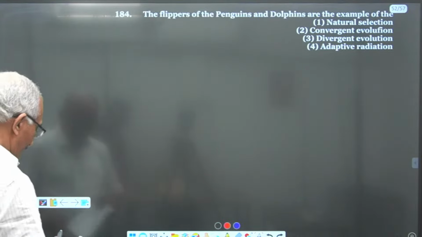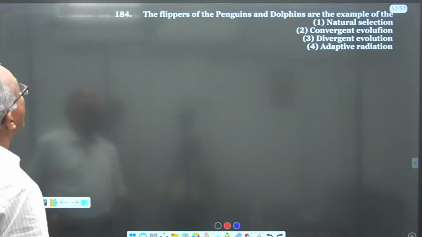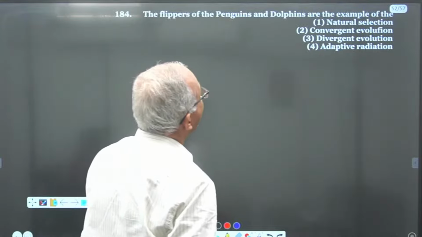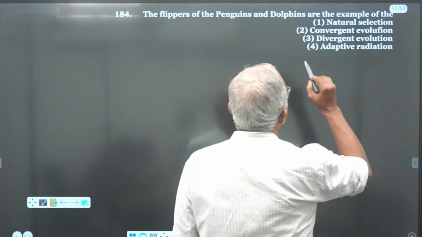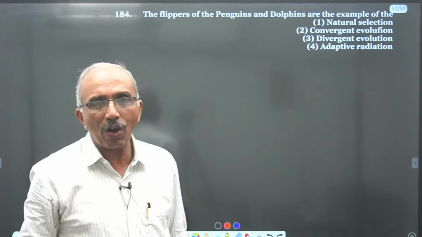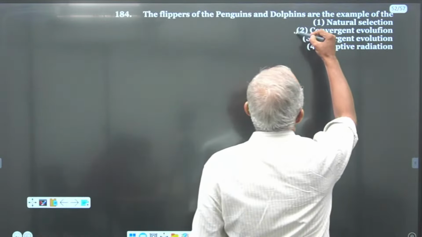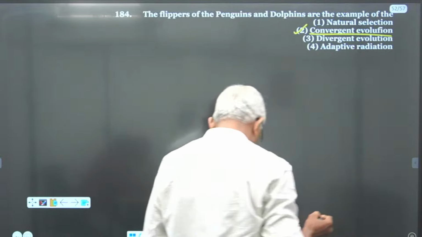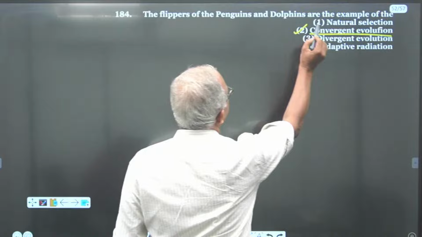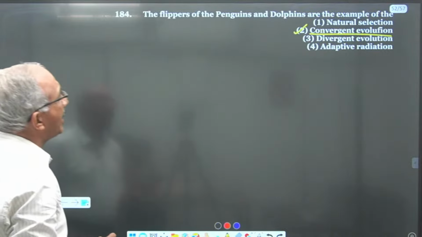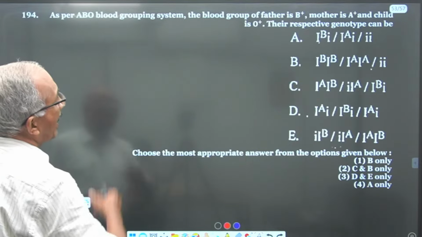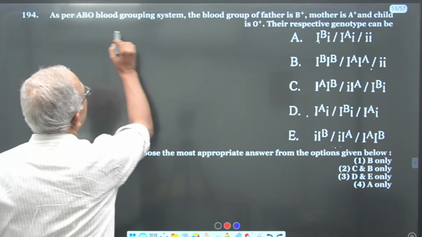Then, the flippers of penguin and dolphin are examples of analogous organs, but there is no such option; it is convergent evolution, option 2, because analogous organs indicate convergent evolution.